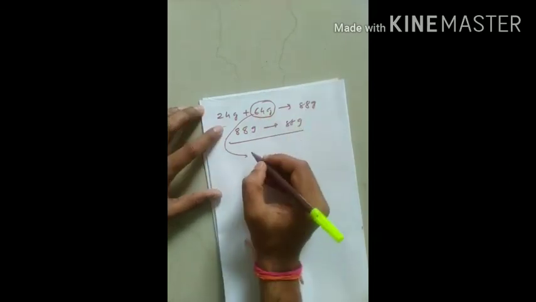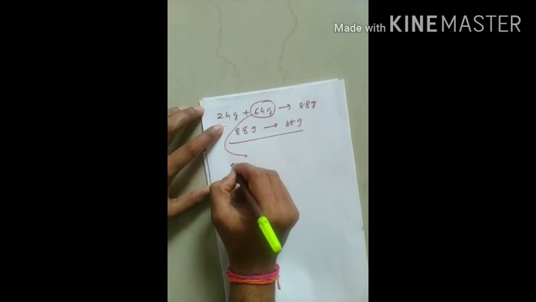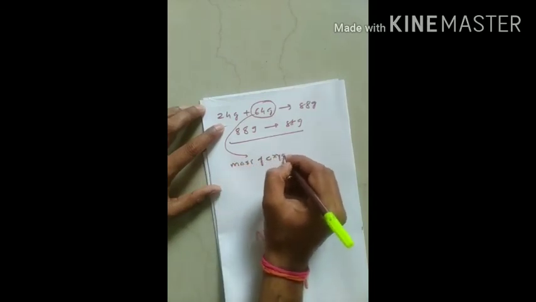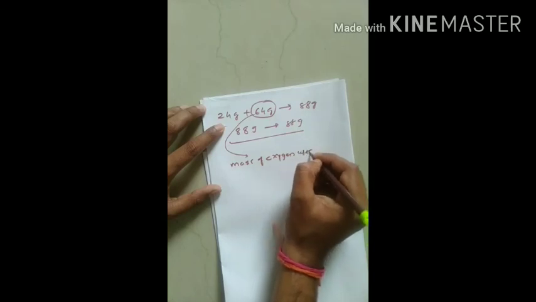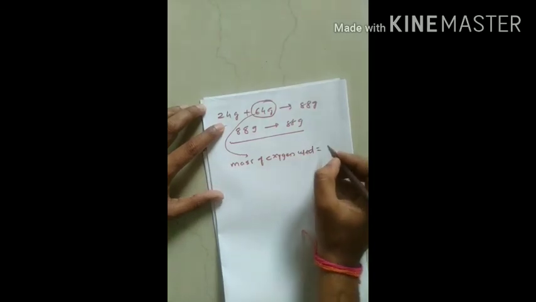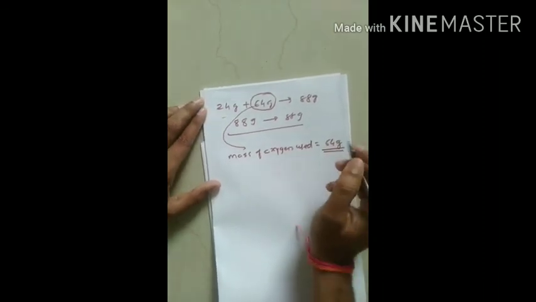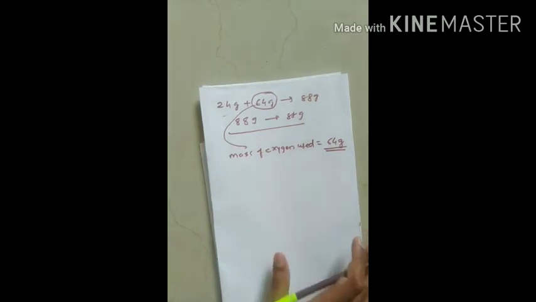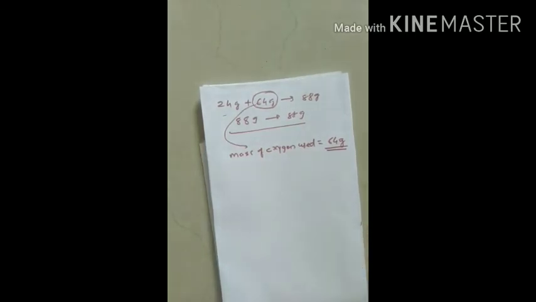So the answer must be mass of oxygen used, which is equal to 64 gram. In this way, this is the complete answer of your question number J.